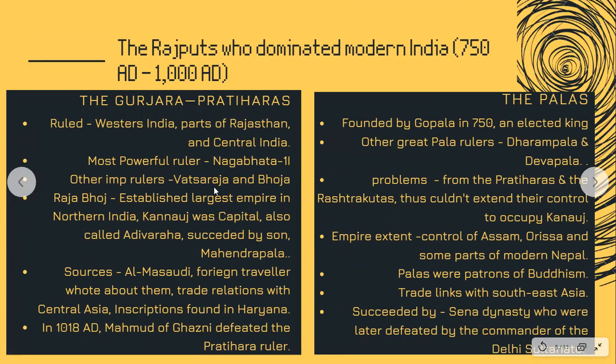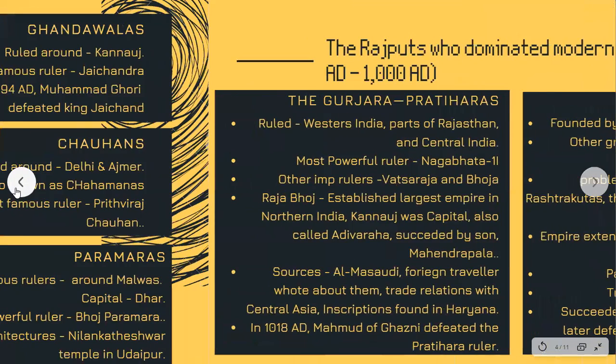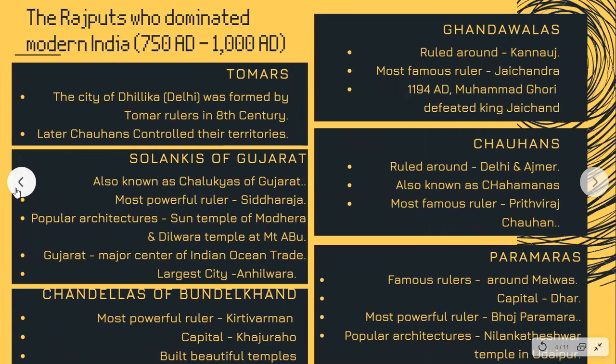We will be focusing on these as part of our North Indian dynasties, right? So now Tomars, now students, you would be amazed to know that it was the Tomars who formed Dilika, today's Delhi, way back in the 8th century, right? So the city of Dilika was formed by Tomar rulers in the 8th century, and they were annexed by the Chauhans, right? So Chauhans were controlling their territories after the Tomars.